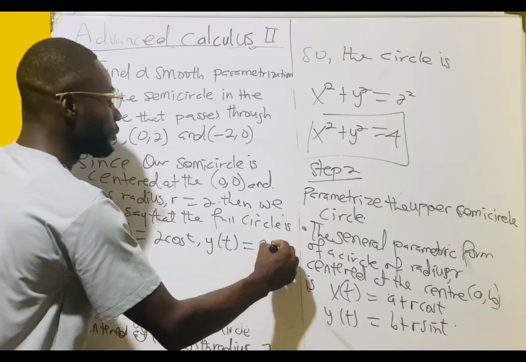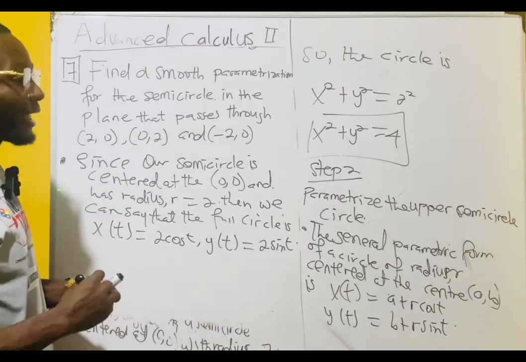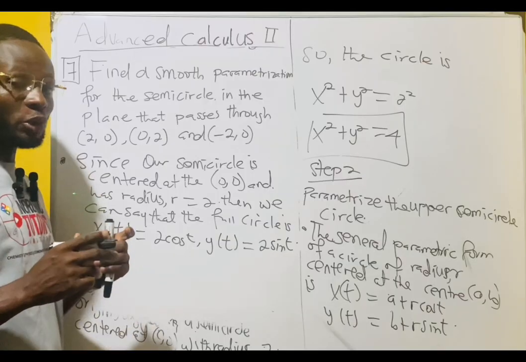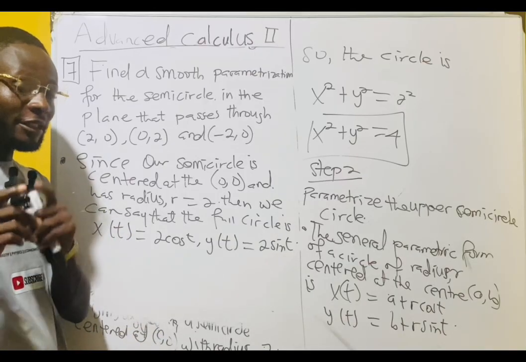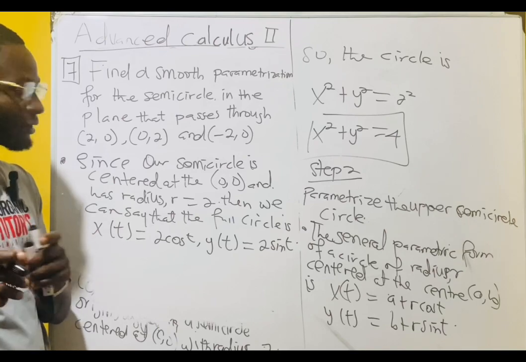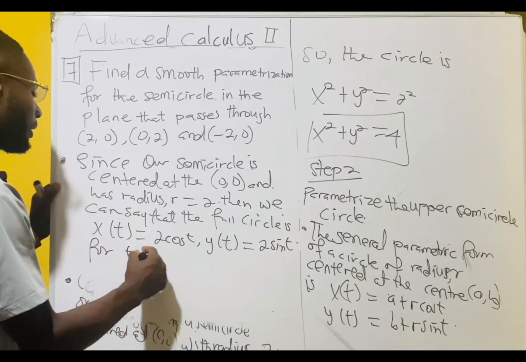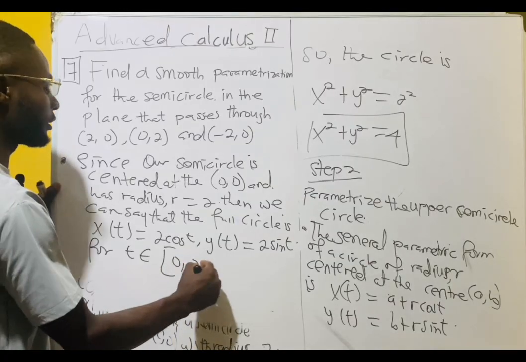Okay, so that is for t that belongs to 0 and 2 pi inclusive. So that will be the range.